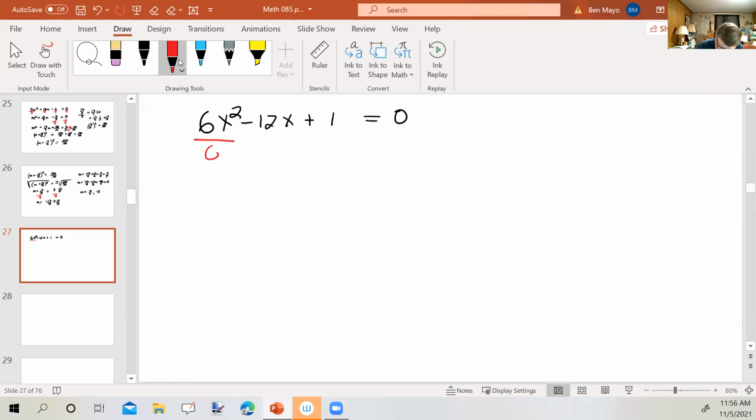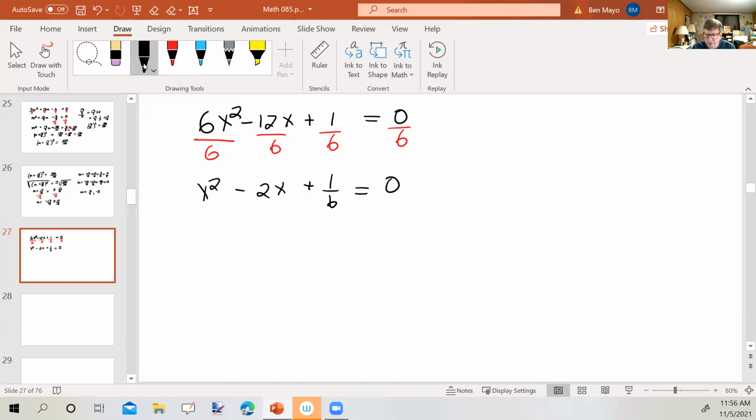Since it's a 6, we'll divide each term on both sides of the equal sign by the coefficient of x squared, which is 6. So now I've got x squared minus 2x plus 1/6 equals 0. If the leading coefficient isn't a 1, divide everything by whatever it is so that it becomes a 1.